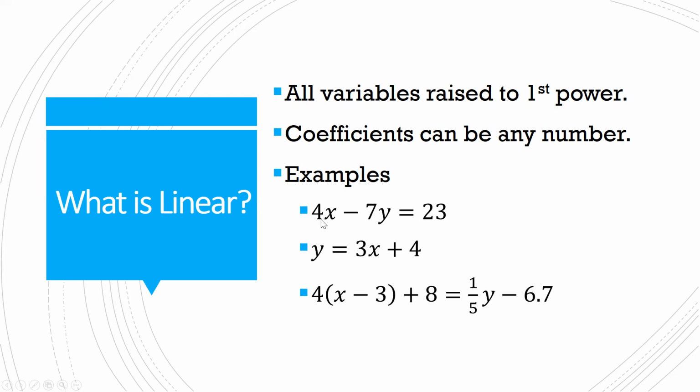If you look at each of these terms, each has a single variable raised to the first power. Again, if you don't see an exponent, it's assumed to be 1.